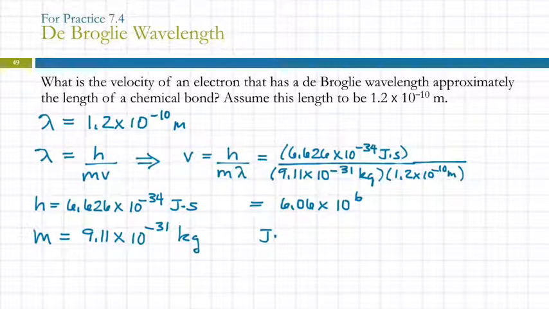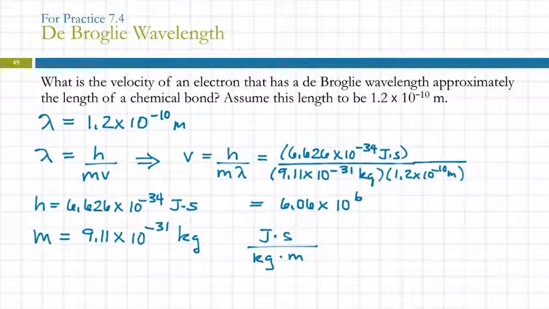So we've got joules times seconds divided by kilograms times meters. That's a mess, right? We have to remember that a joule is a kilogram meter squared per second squared.